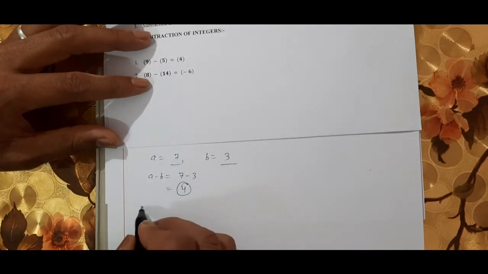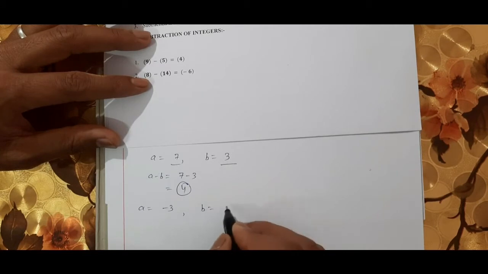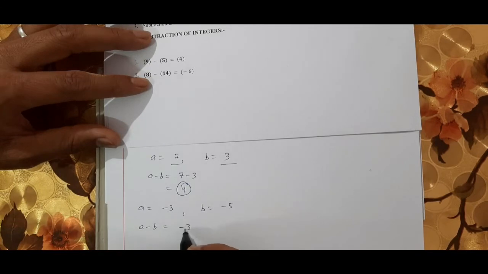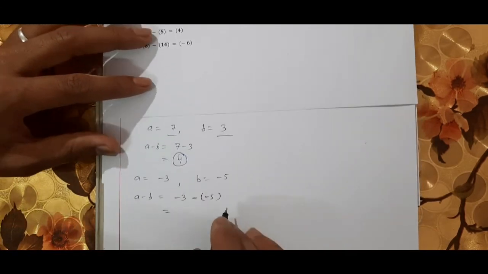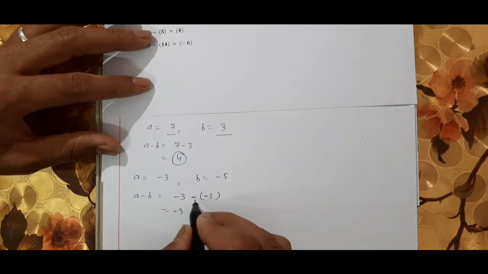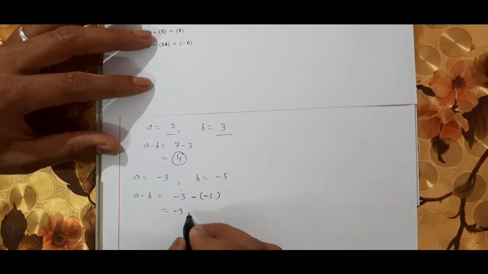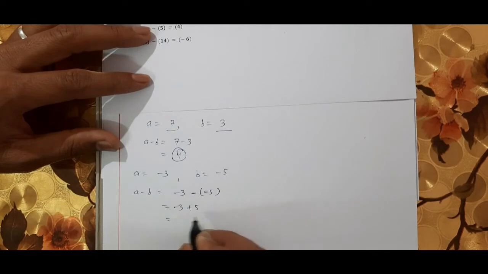For another example, a equal to minus 3 and b equal to minus 5. Then a minus b is minus 3 minus minus 5. So minus 3 plus 5 equal to 5 minus 3, 2.